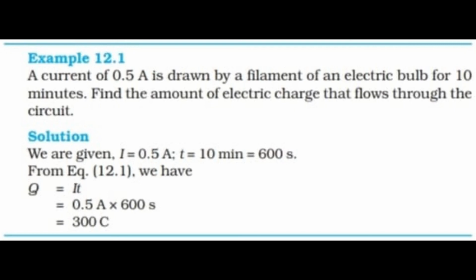Substitute the values: 0.5 into 600. Multiply. You will get the answer 300 coulomb. Write the unit of charge, coulomb. 300 C is the answer.